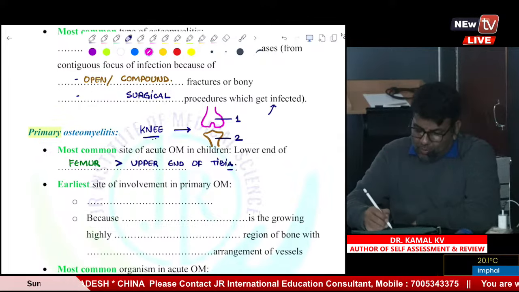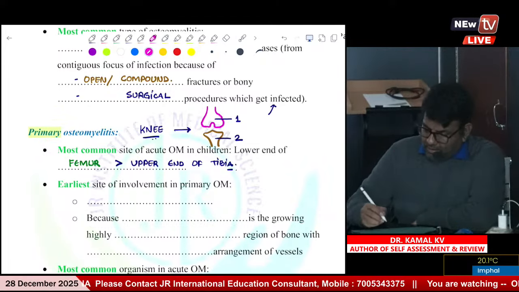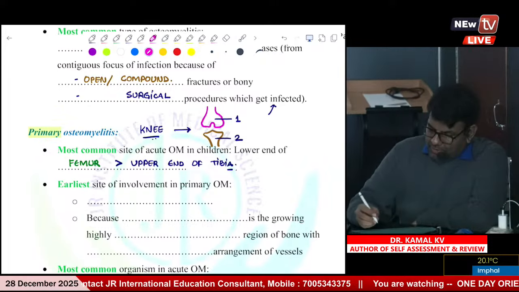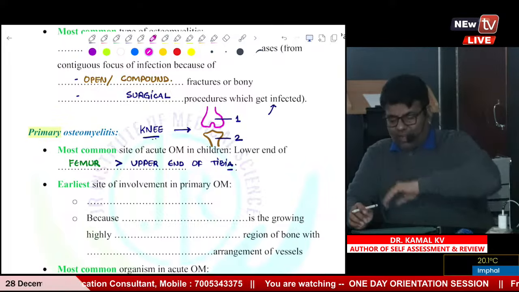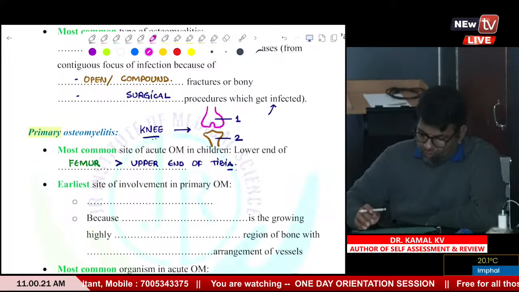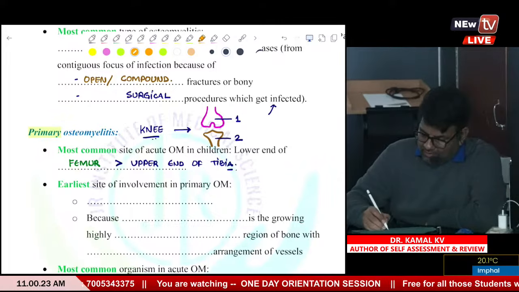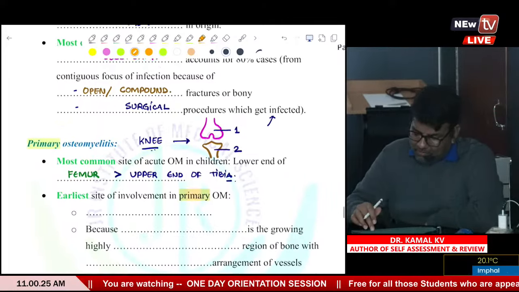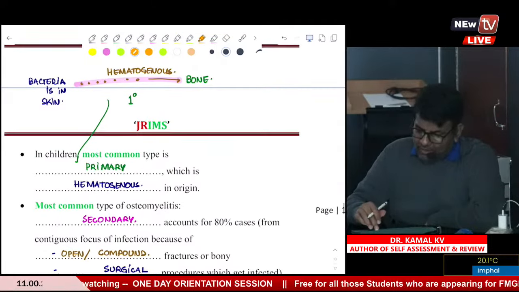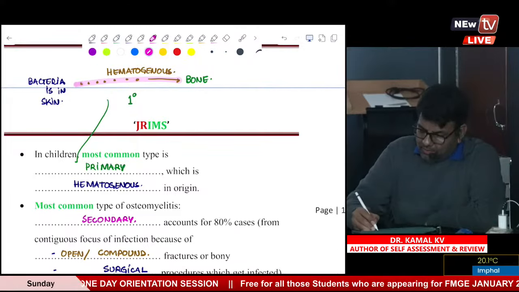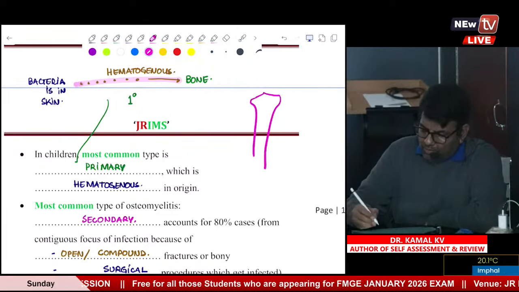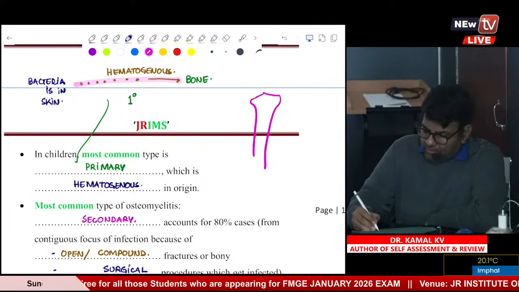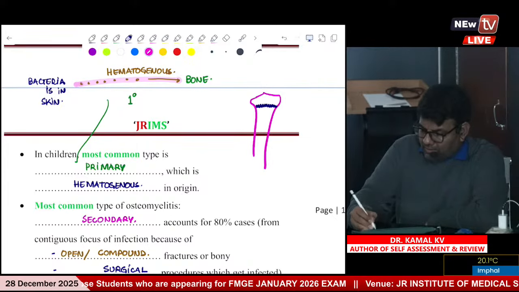So this is the sequence. Now in a bone, especially in a child, we know that there is epiphysis, growth plate, metaphysis, and finally diaphysis. So out of the four, which one is commonly involved in primary? Any idea? Suppose this is the long bone, so this area is physis.